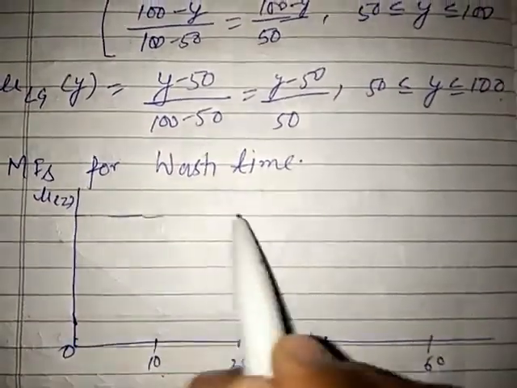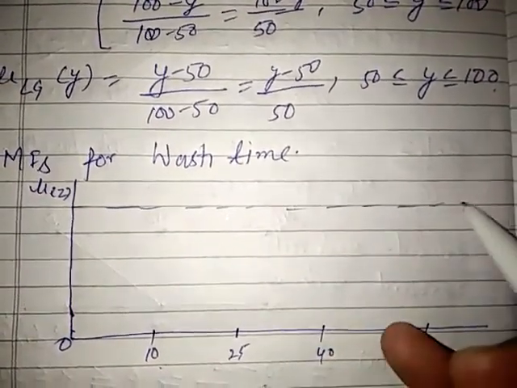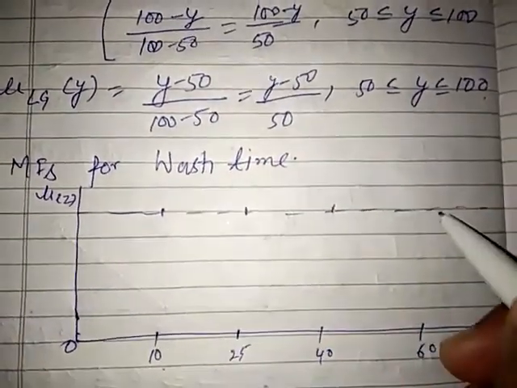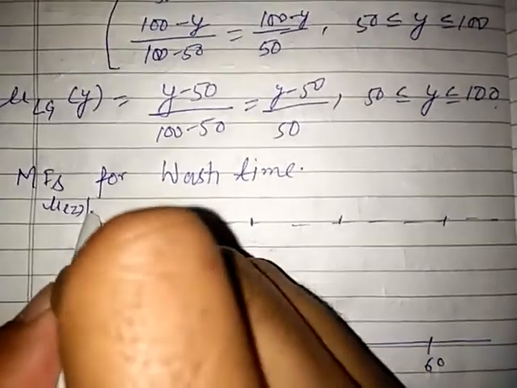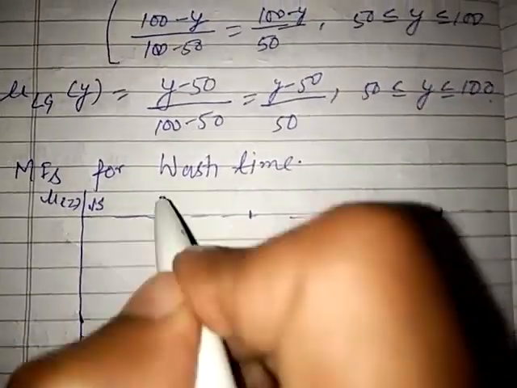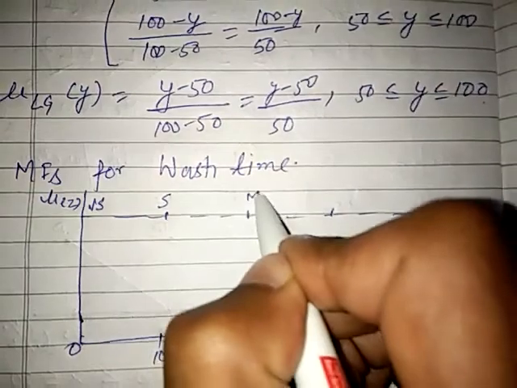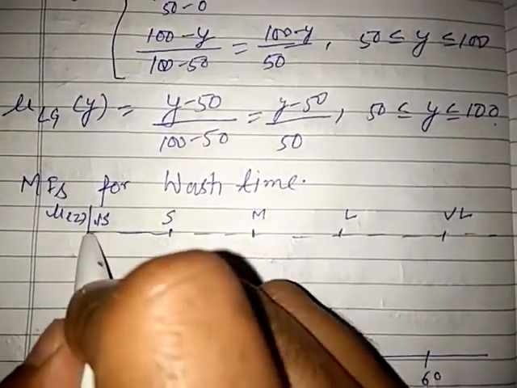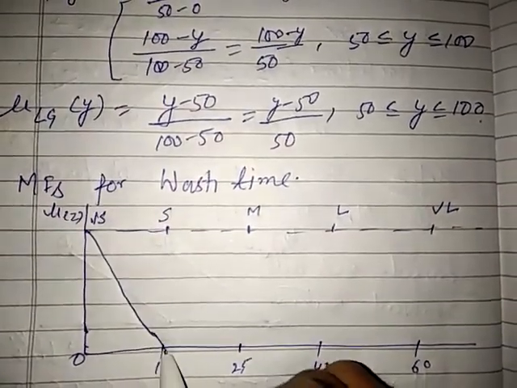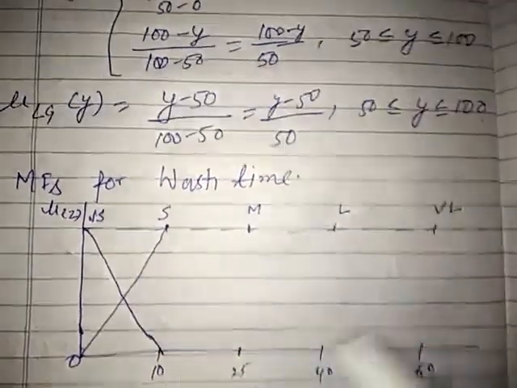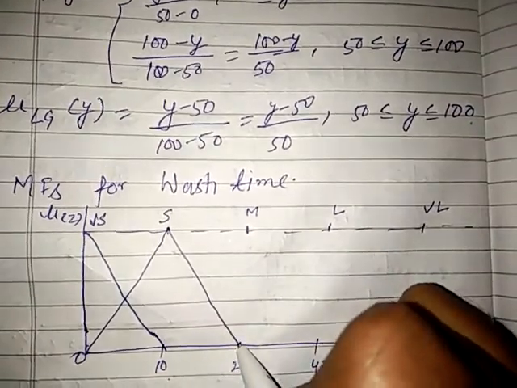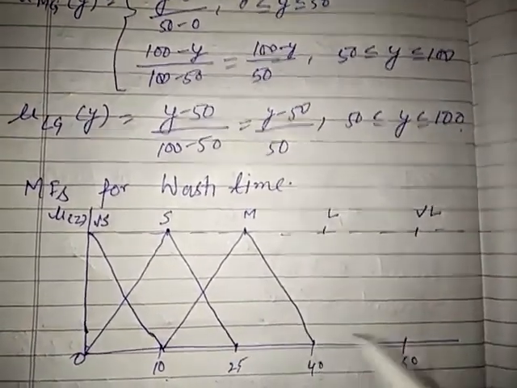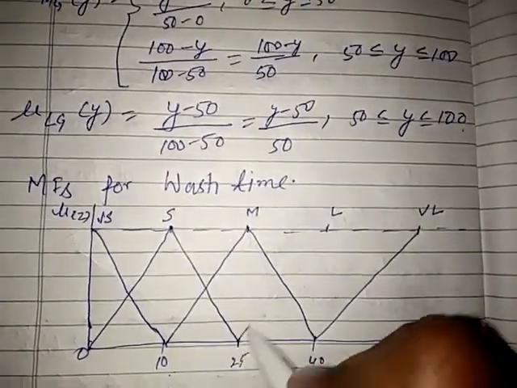Here we use the variables very small, small, medium, large and very large. And we start it like this one, like this one, like this one.